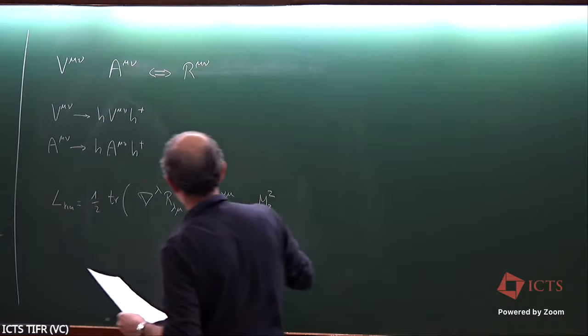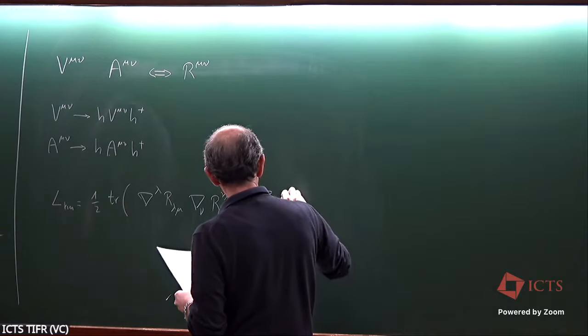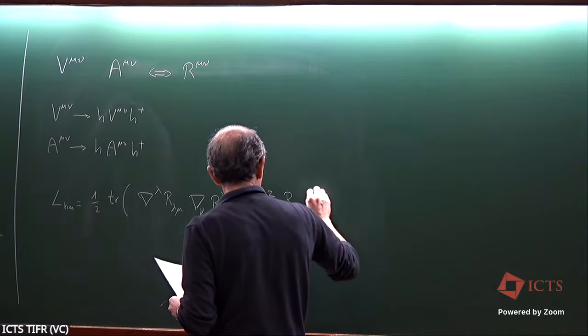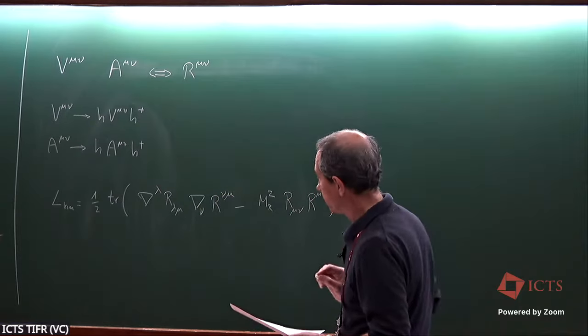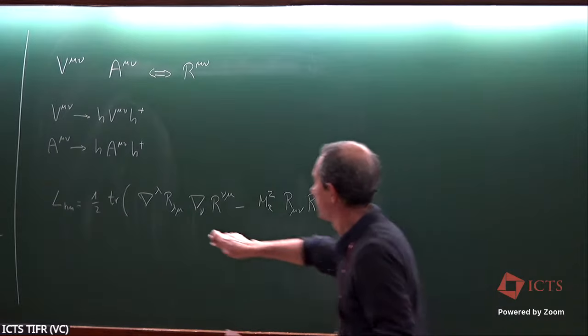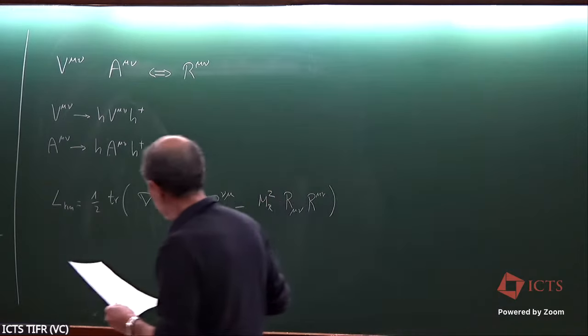So I have these things both for V and for A. Then I have to put the interaction term. So that is the Lagrangian: you have two derivatives and the mass term.